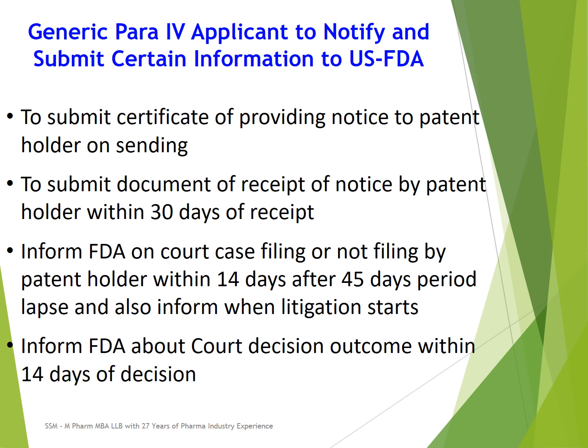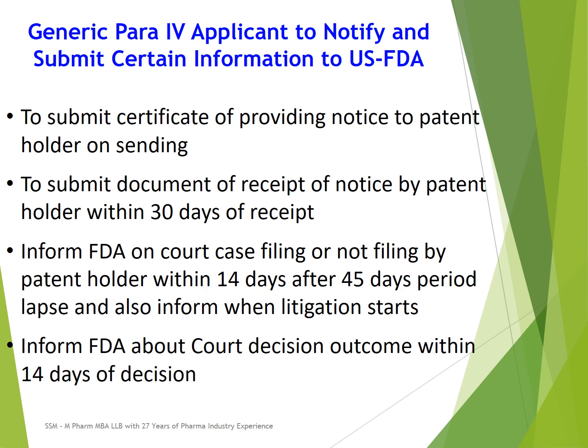Next, the generic applicant has to submit the document of receipt of notice by the patent holder within 30 days of receipt of notice. Next, the generic applicant has to inform FDA on court case filing, whether a court case has been filed or not, within 14 days after the 45 days period lapses.